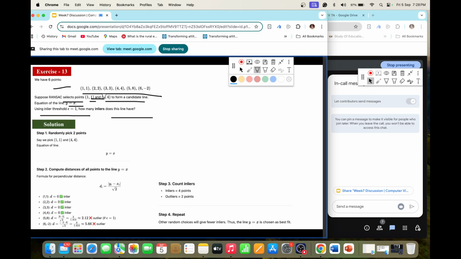The points are already picked, (1,1) and (4,4), and the equation of the line can be found by y minus y1 equals m times x minus x1. That is the equation of the line. So we have these 2 points, 1 comma 1 and 4 comma 4, and by this we can form the equation of the line.